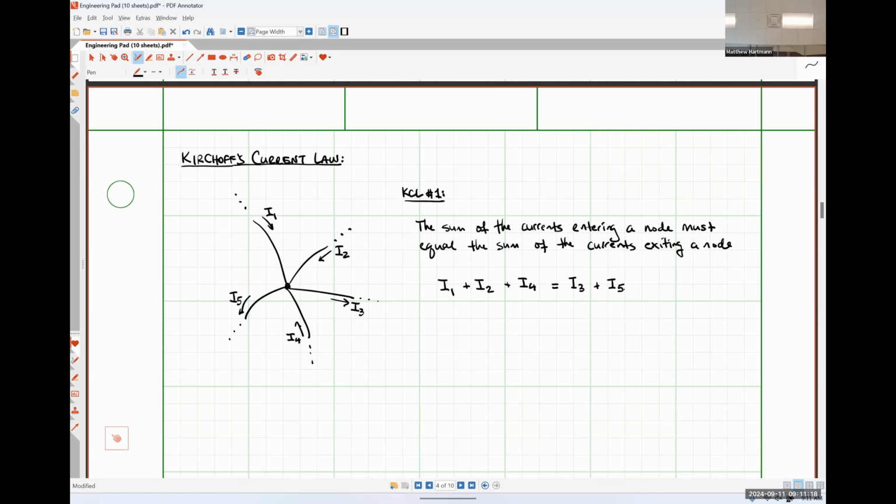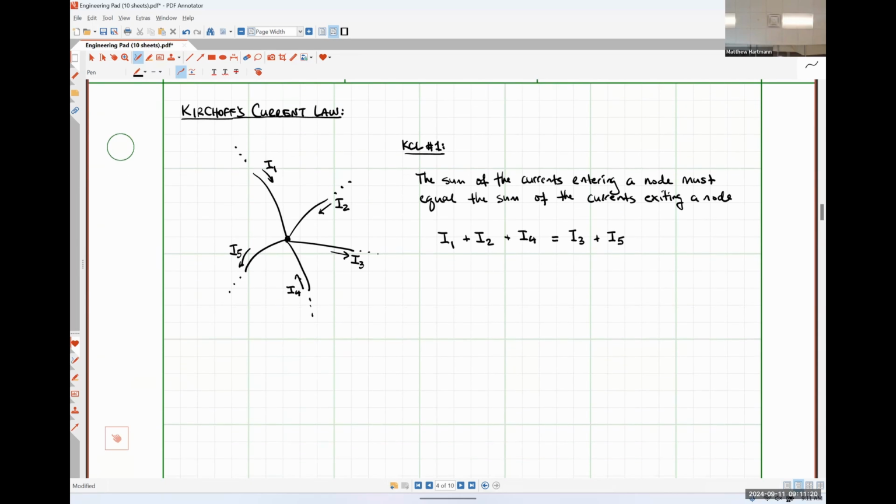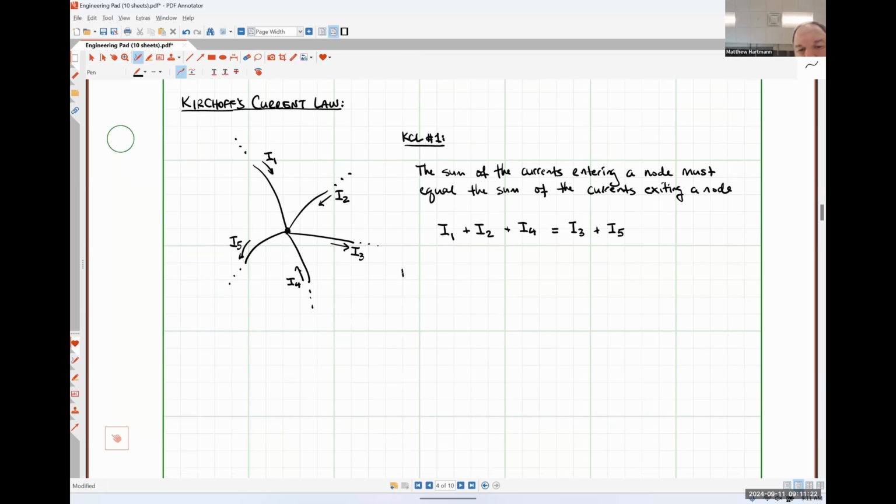So let's talk about our second formulation of Kirchhoff's current law. Our second way to represent things would be to say that the sum of the currents entering a node must equal 0.